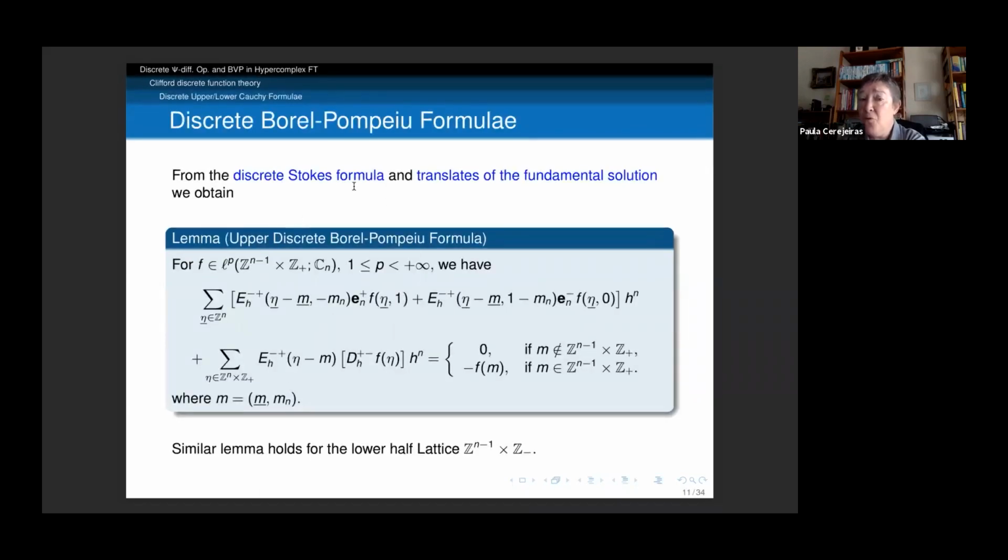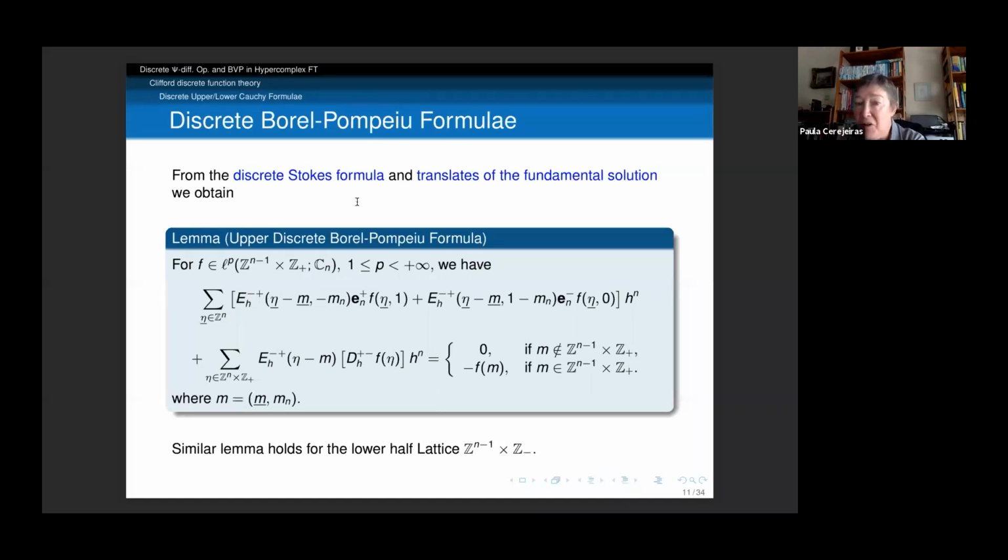So when you use these formulas in the discrete Stokes formulas, then something nice appears. Your basic potential theory in the continuous case lives of one layer and two layer potential integrals.